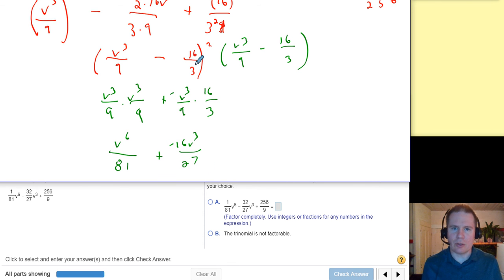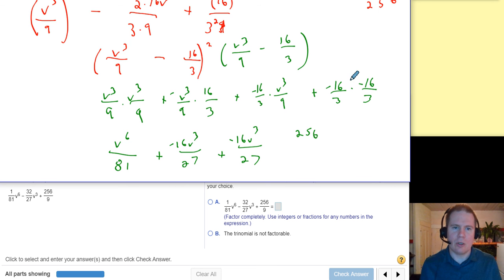And negative 16 thirds times v cubed over 9. So 16 v to the third over 9 times 3, 27. And then 16 thirds times 16 thirds, both negative. 16 squared is 256. 2 negatives, that's giving us positive. 3 times 3 is 9.